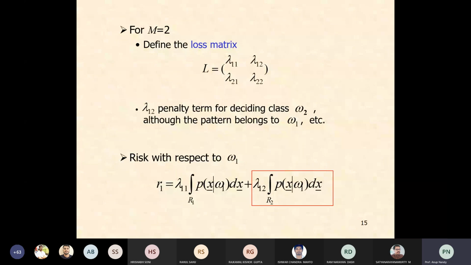Because you know that this test pattern that I am going to classify should belong to class 1, but after applying the Bayes decision rule or any decision rule that you are going to have, it is classified in class 2. It means there is a penalty.